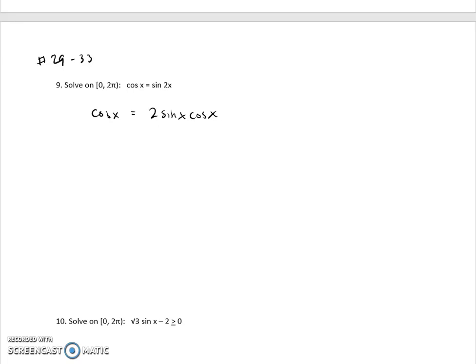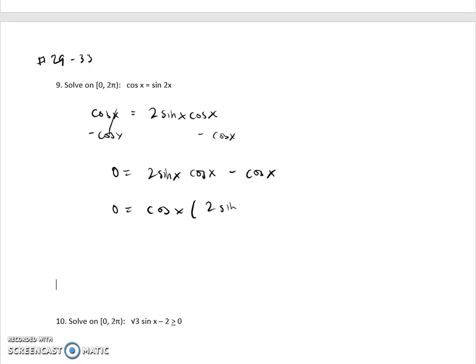And now we see that both terms have a cosine. So we move them to the same side. It does not matter which side you move them to. So if I move them this direction, we're going to have 2 sine x cosine x minus cosine x. So we move them to the same side, and now we can factor out the cosine.